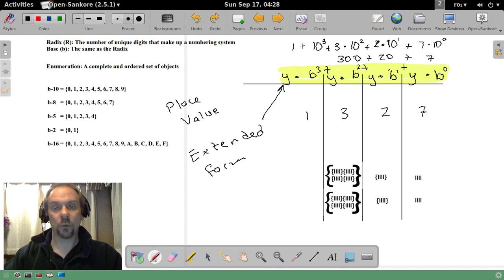And finally, 1 times 10 to the third is 1,000, so 1 times 1,000 is 1,000. So the value of our number here is 1,000 plus 300 plus 20 plus 7, or 1,327.